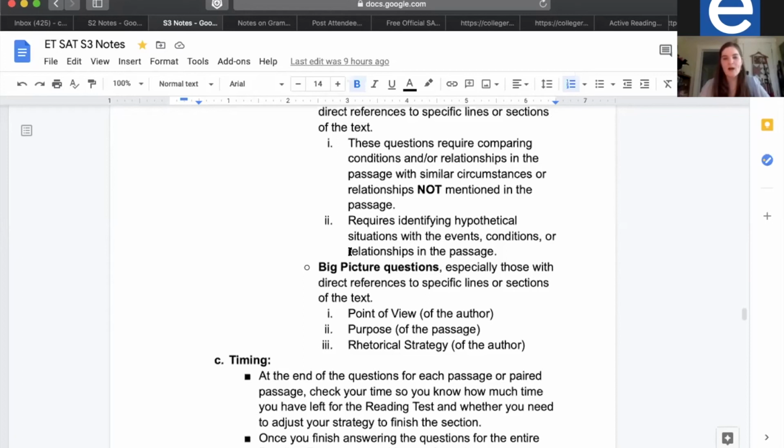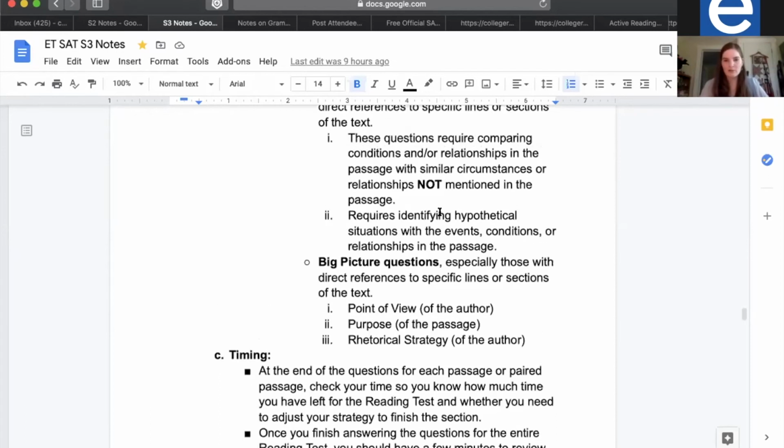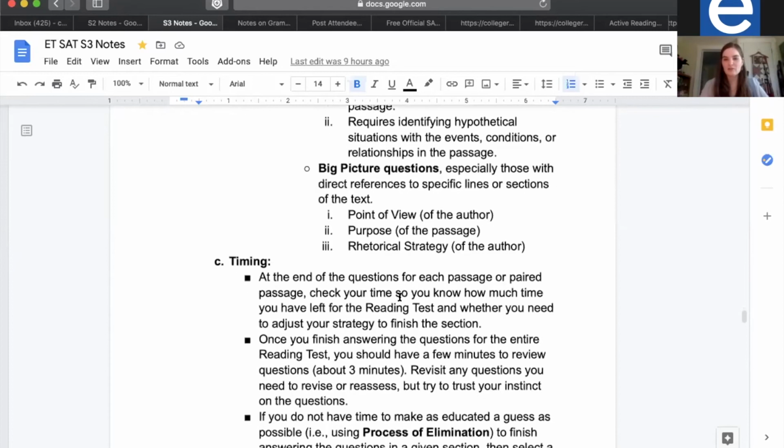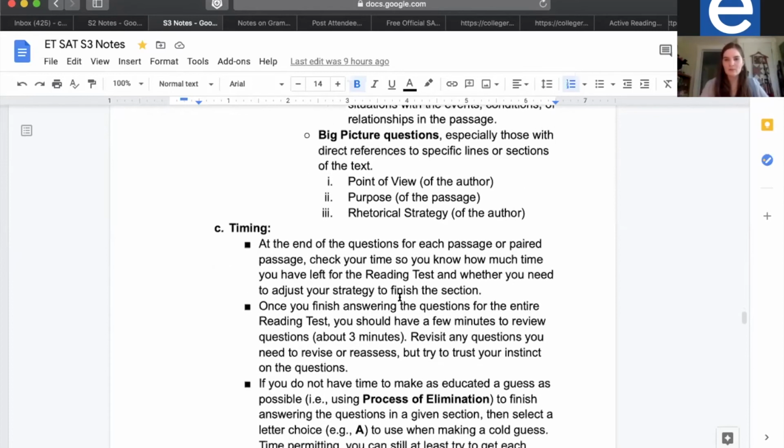So in a way, you're sort of inferring data. You're kind of making parallels. You're making conclusions based on the text about relationships or conditions. It also requires identifying hypothetical situations with the events, conditions, or relationships in the passage. So those types of questions are pretty easy to identify too.